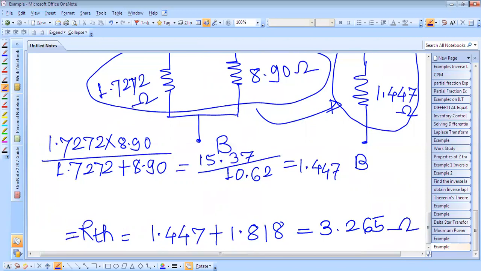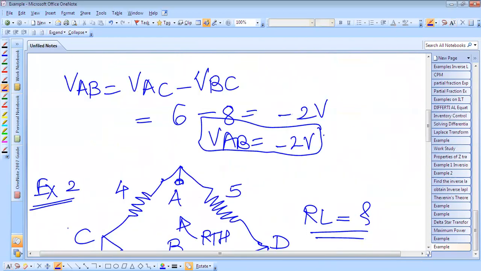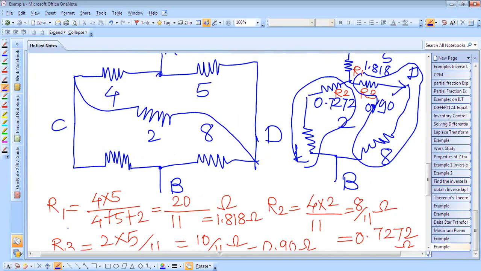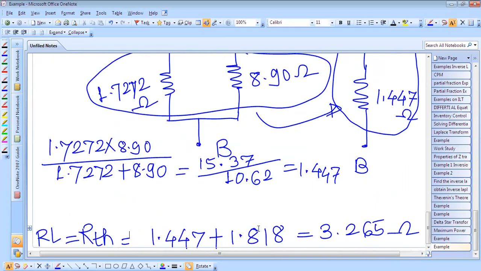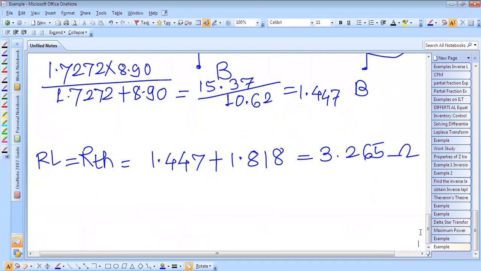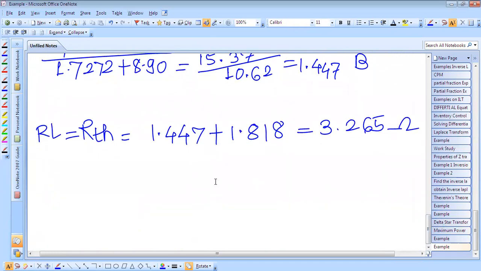So RL is equal to RTH. This is your first answer. We have to find this RL, and RL we have found. This is your first answer. RL is equal to 3.265 ohm.